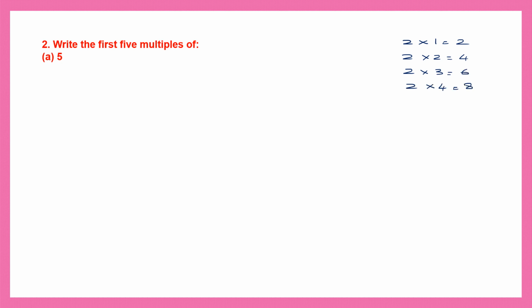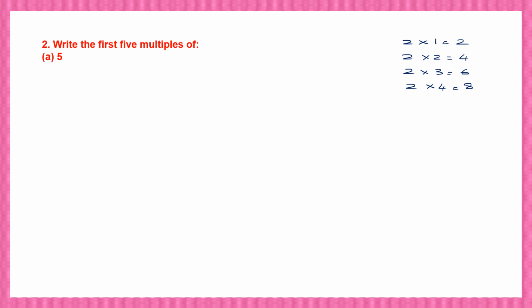Now these numbers that you get after multiplying, 2, 4, 6, and 8, these are all called multiples of 2. So when you multiply 2 with all the natural numbers, the answer that you get is called a multiple of 2.